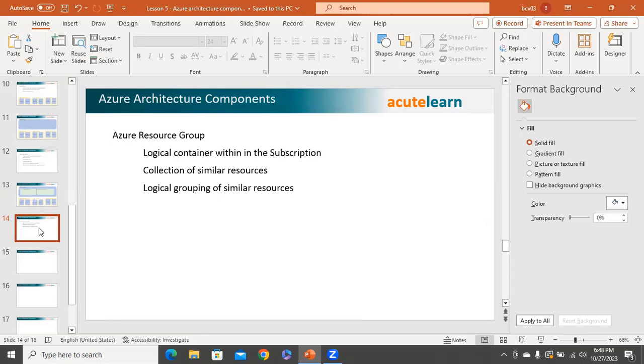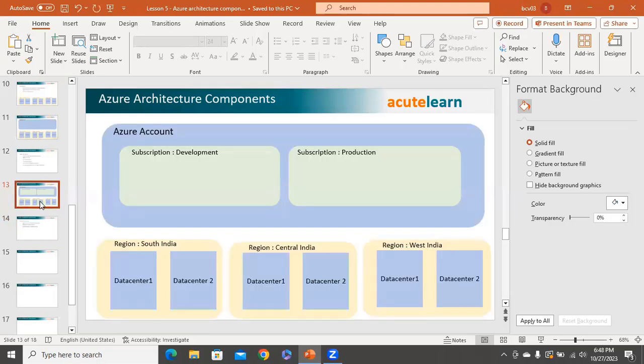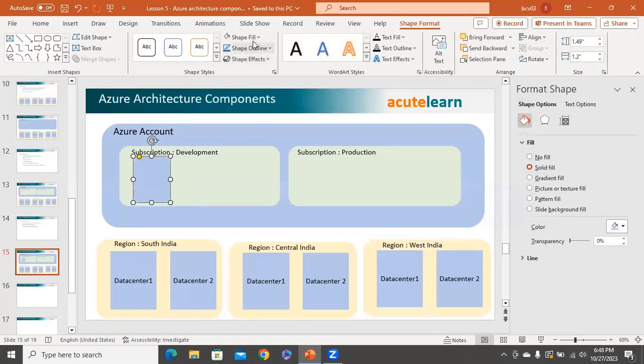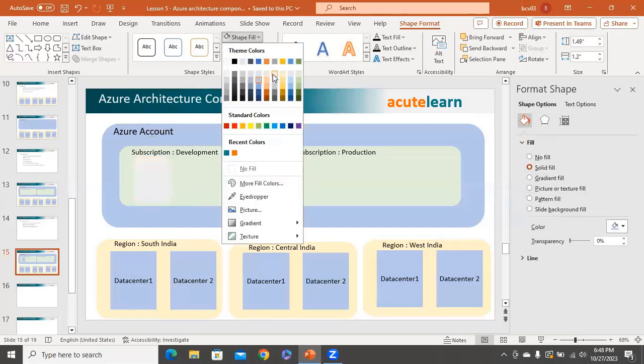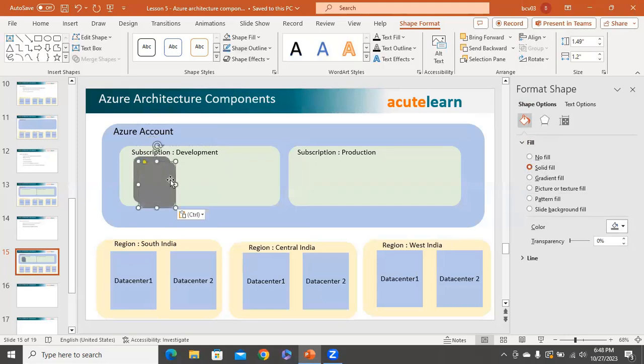So now, under the subscription, we have resource groups. We can have n number of resource groups.